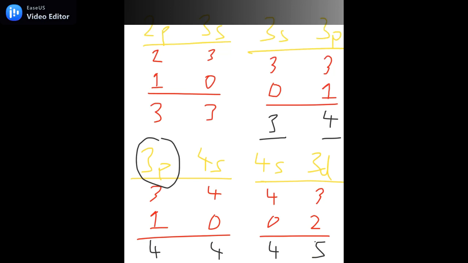An easier way to remember which orbital fills first: we'll write the orbitals in this way, 1s, 2s, 3s, 4s, 5s, 6s, and 7s.